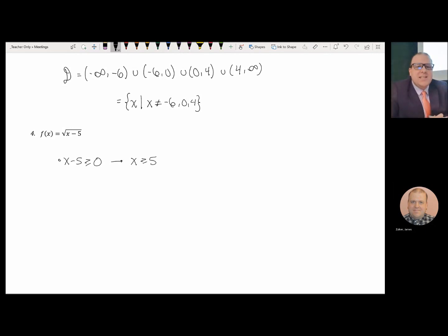If you solve, that means x has to be greater than or equal to 5. So the domain is 5 to infinity, closed at 5.